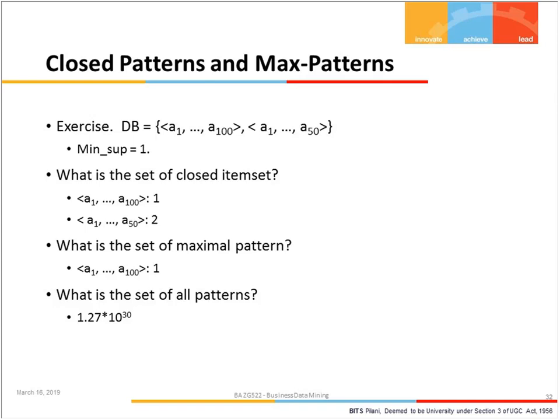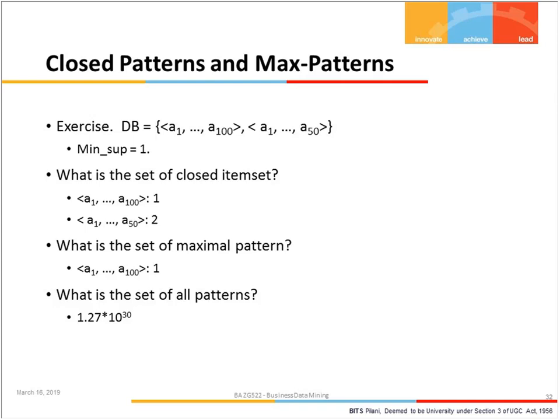There will be 2 to the power of 100, and it's going to be many frequent item sets. But we want to find only closed frequent item sets. We will get only two closed frequent item sets. And if we want to find maximal patterns, we are finding only one, A1 to A100, because A1 to A50 is frequent, and A1 to A100 is also frequent.